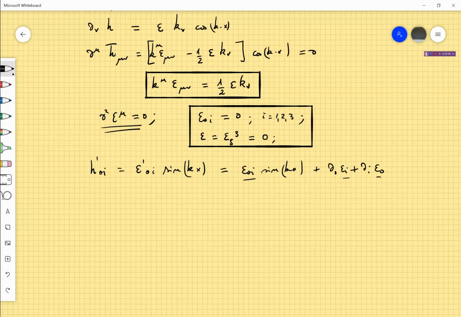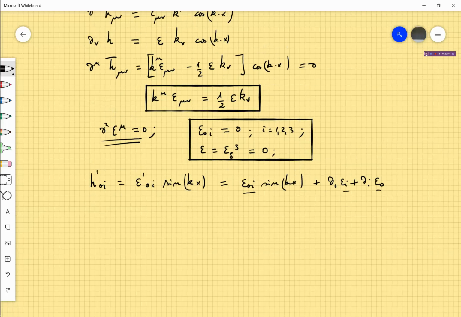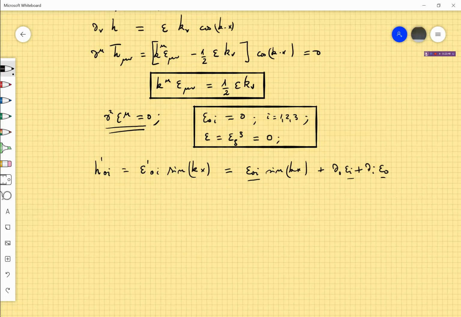Now, because these epsilons have to satisfy the wave equation, we can choose them of this form, not so surprisingly. If I write the mu, this would be alpha mu cosine kx. This k is the same k that appears here, but it could be something else, as long as k squared is 0, so k is a null vector.